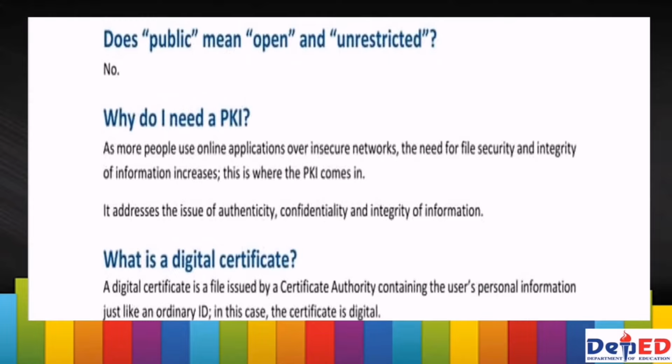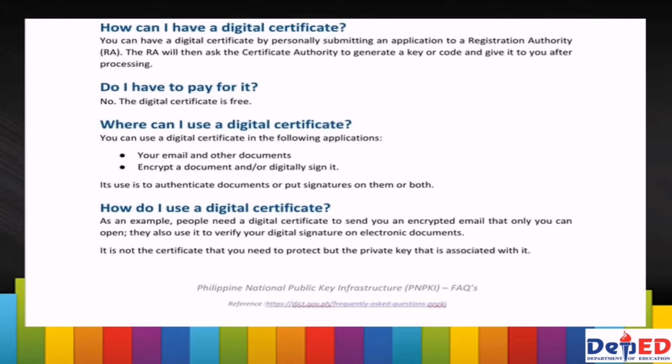What is a digital certificate? A digital certificate is a file issued by a certificate authority containing the user's personal information, just like an ordinary ID. In this case, the certificate is digital. The question is, how can I have a digital certificate? This is the answer.